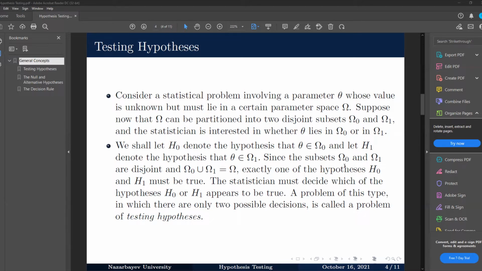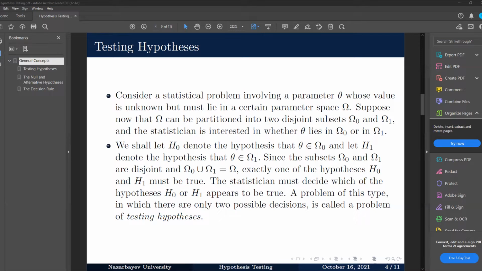We'll also call this the alternative hypothesis. Since subsets omega 0 and omega 1 are disjoint and their union is equal to the whole parameter space, exactly one of these two hypotheses must be true. And the statistician must decide which of the hypotheses H0 or H1 appears to be true. A problem of this type, in which there are only two possible decisions, is called a problem of hypothesis testing.